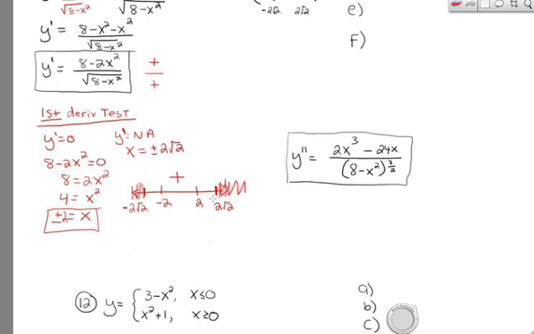Between 2 and 2 root 2 is going to be, I don't know, let's pick a number slightly bigger than 2, like 2.01. And then we know that the numerator now is going to be 2.01 squared, which is a little bigger than 4, times 2, which means a little bigger than 8.